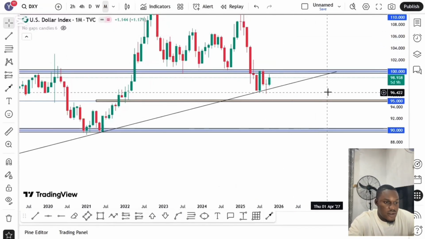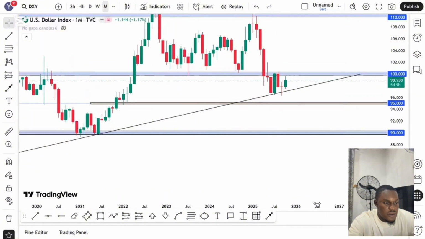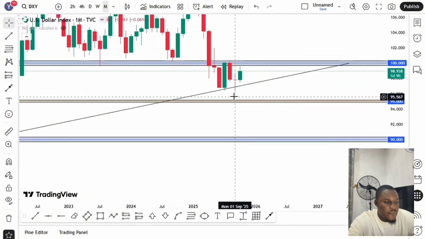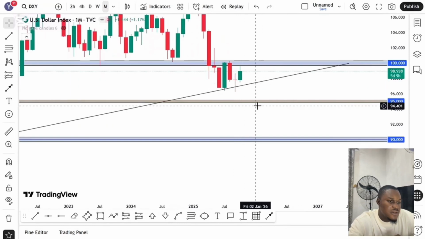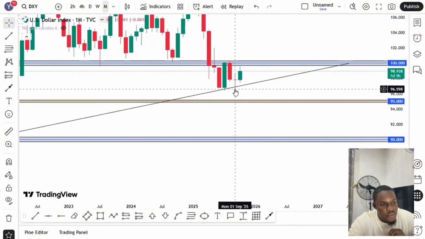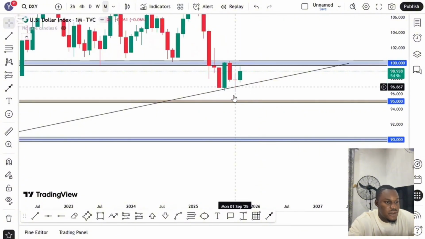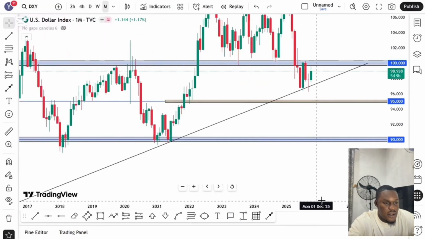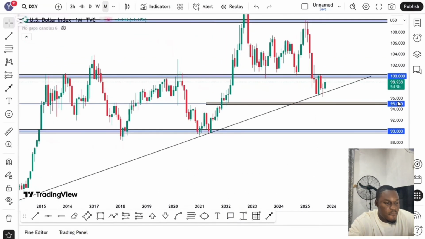As you can see, the previous month, which was September, the market formed this indecision candle, this doji candle, which means the buyers are currently preventing the market from breaking below this trend line. This trend line is very dangerous. So let's go to the weekly time frame to see why this market is refusing to go lower as expected.